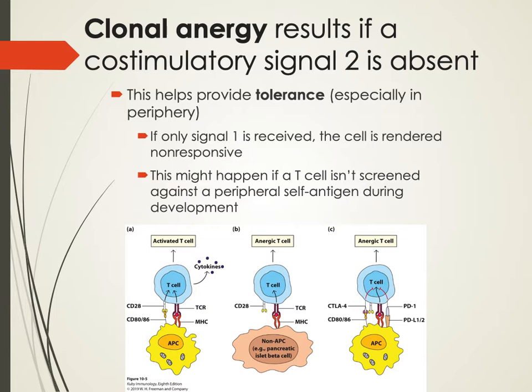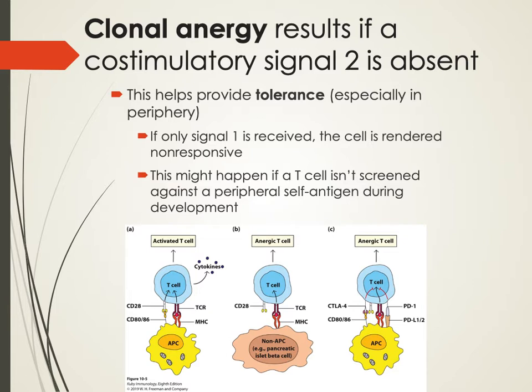So we can also get anergy, so clonal anergy, if we don't get that second signal. So again, signal 1 is not the end-all be-all. You need to have signal 2 and really signal 3 also in order to have effective response. So this helps to provide tolerance, especially in the periphery, so that we don't have hyperactivation of a response, especially an autoreactive one.